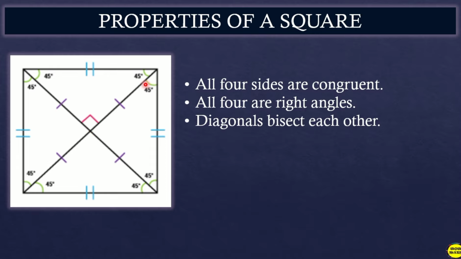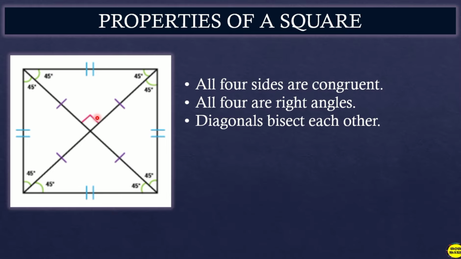Again, diagonals bisect each other. Kapag itong diagonal naman na to, binisect niya ito, ibig sabihin, hinahati niya rin itong diagonal na to into congruent line segments. Equal din sila.